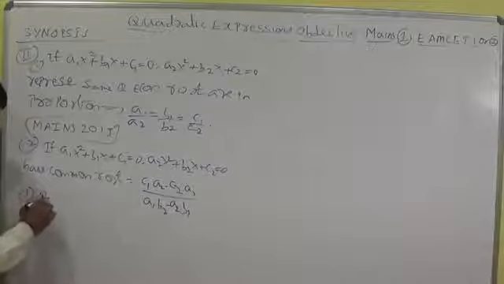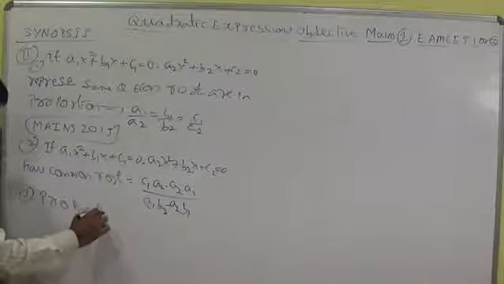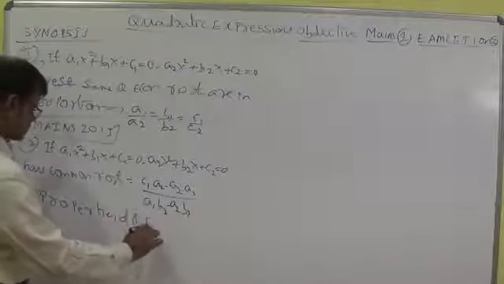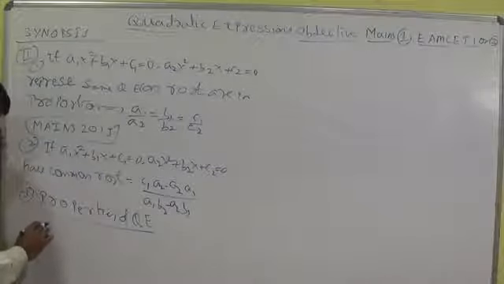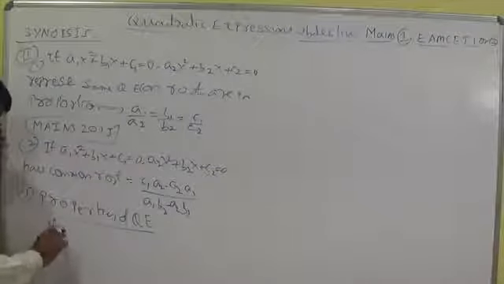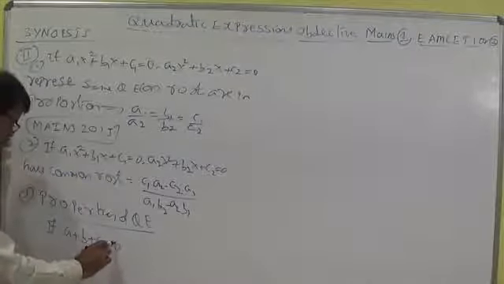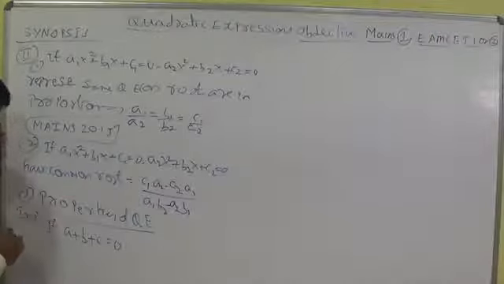Third one, properties of quadratic equations with conditions, I want to discuss with you. Among these, if a plus b plus c is equal to 0, this is the most important property, students, of course for MSET only.